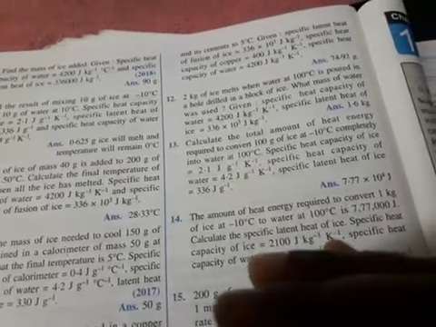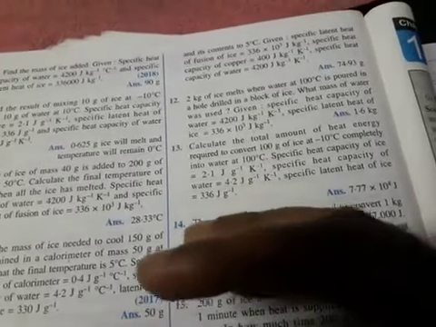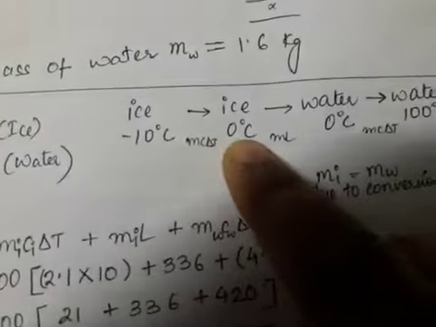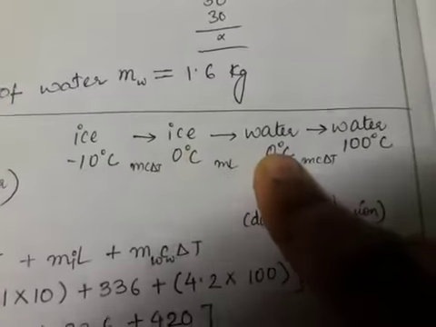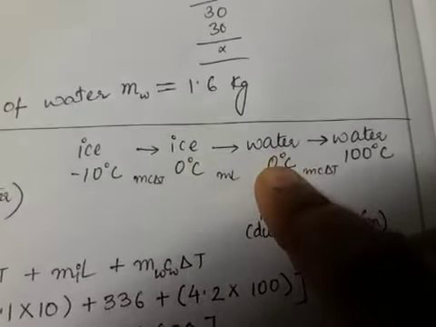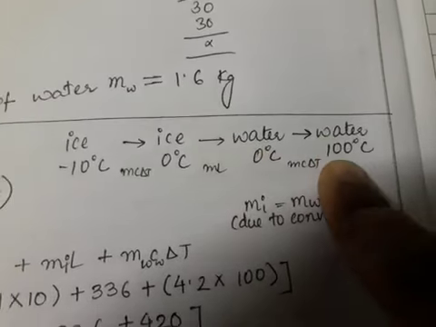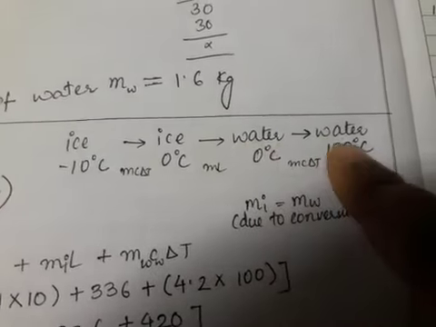So there is a conversion of ice at minus 10 degrees Celsius to ice at 0 degrees Celsius, then from ice at 0 degrees Celsius to water at 0 degrees Celsius, then from water at 0 degrees Celsius to water at 100 degrees Celsius. So this is the conversion taking place.